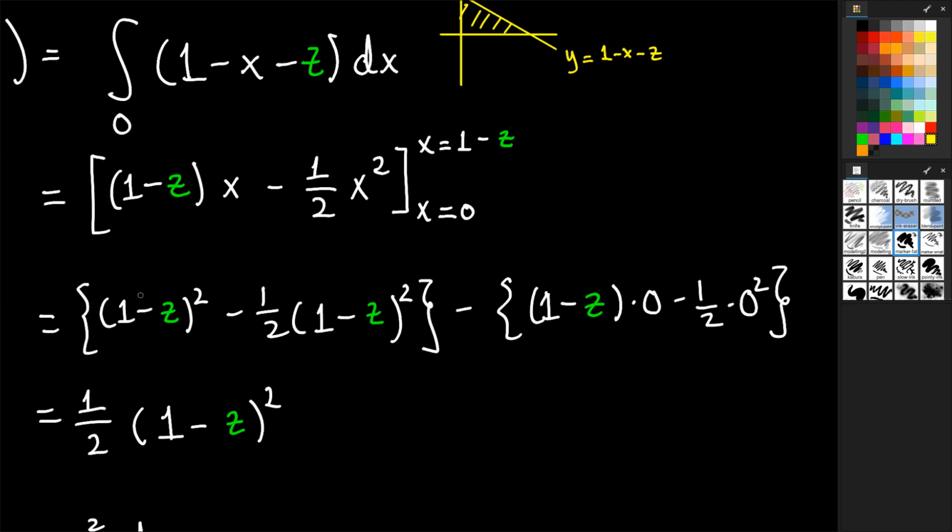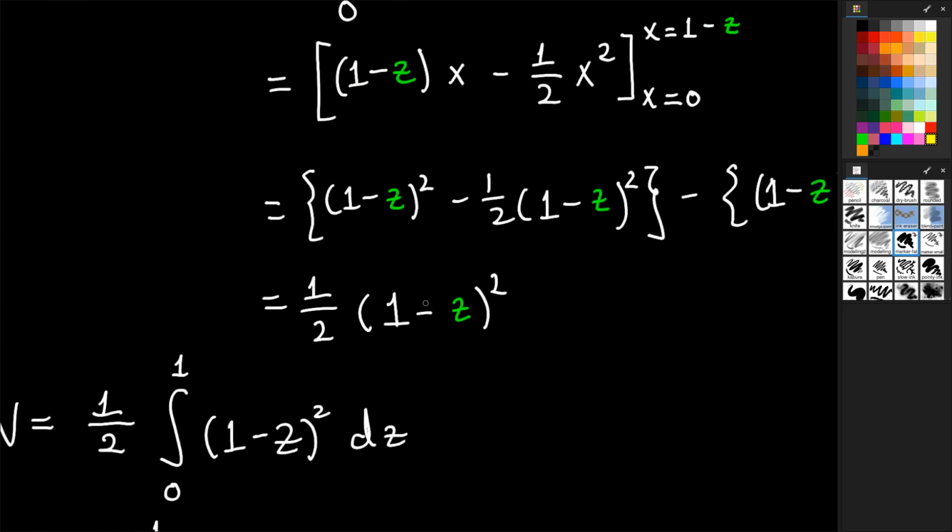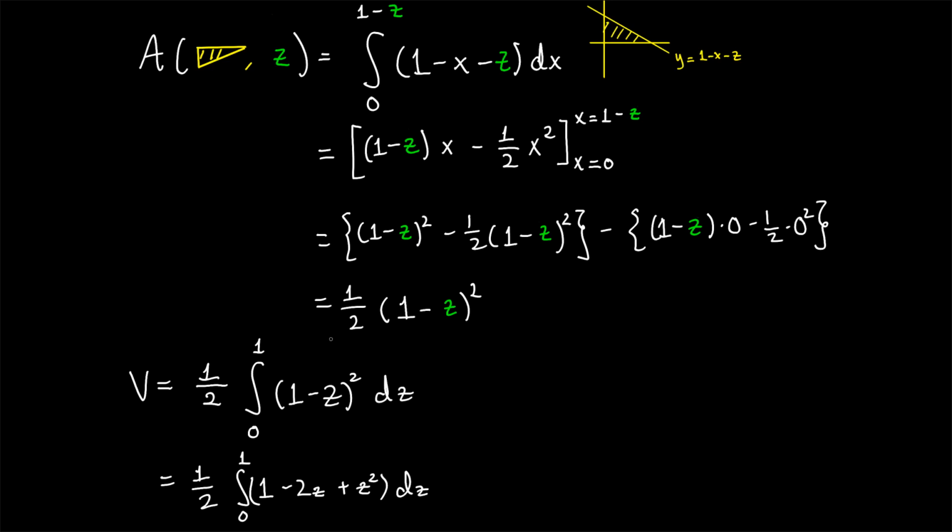At x equals 1 minus z, it's 1 minus z squared, because this x becomes 1 minus z, minus 1/2 of 1 minus z squared. At x equals 0, both of these terms cancel out. And so we have 1 minus z squared minus 1/2 times 1 minus z squared, which is just 1/2 times 1 minus z squared.